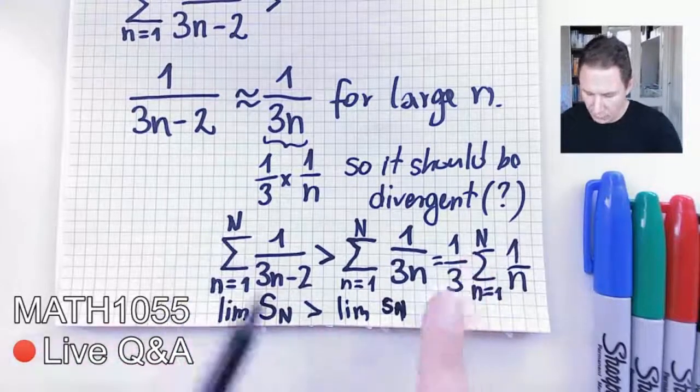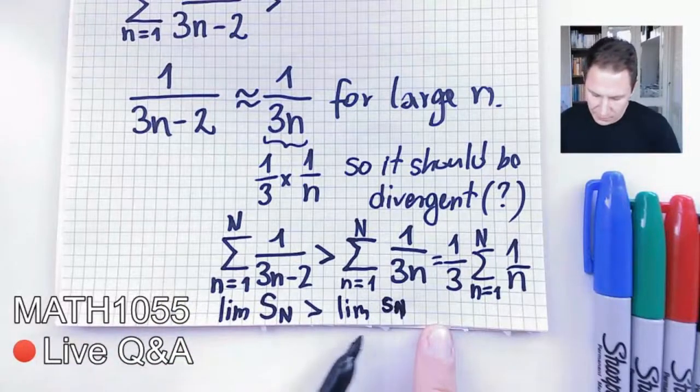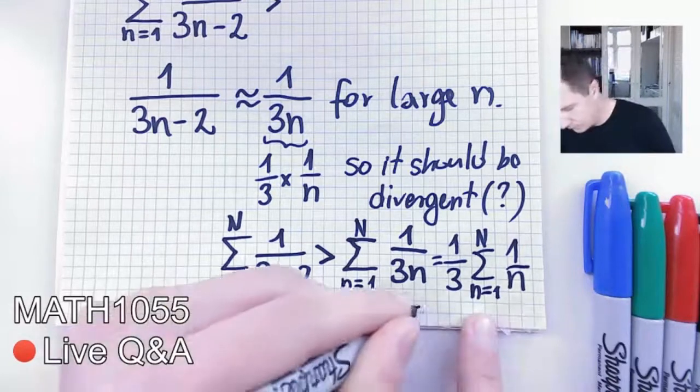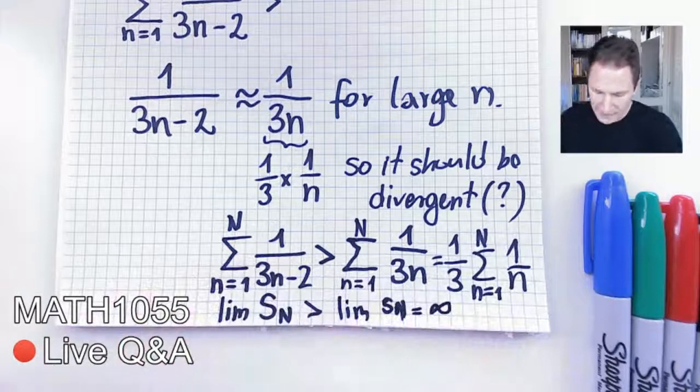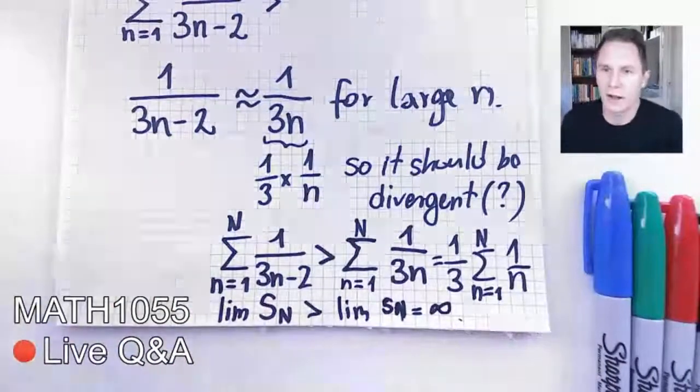As capital N goes to infinity, the smaller one, which is less than the other side, goes to infinity. So the greater one must also diverge to infinity. Okay, so that's the general idea.